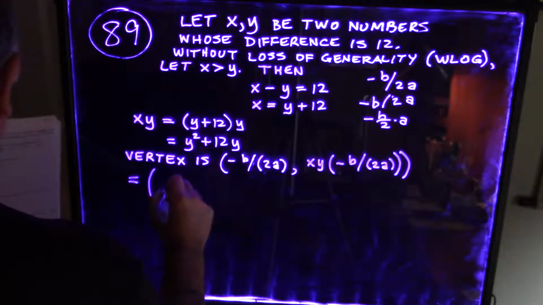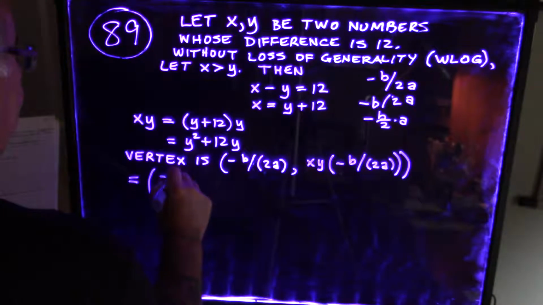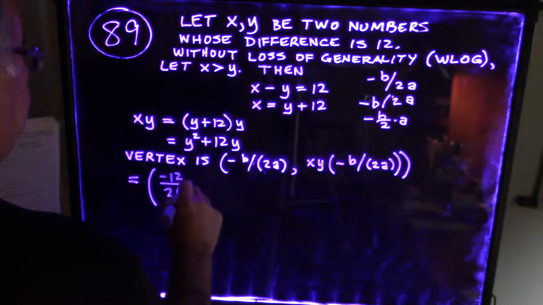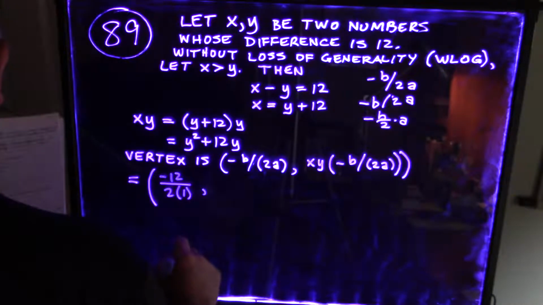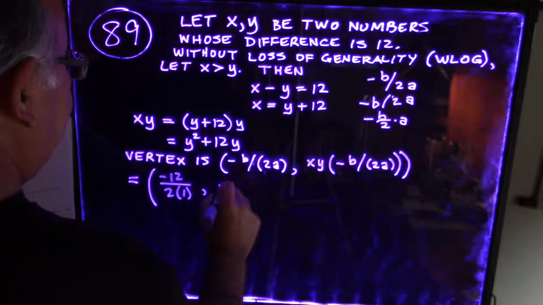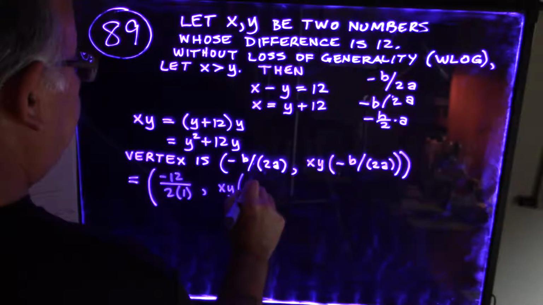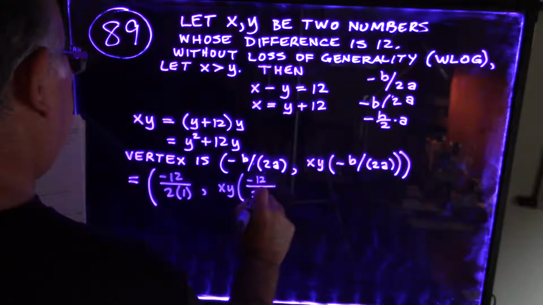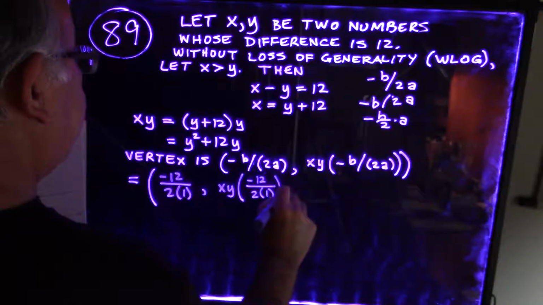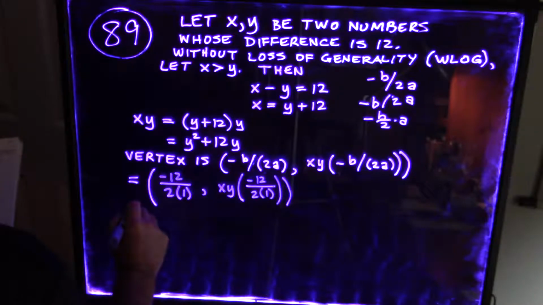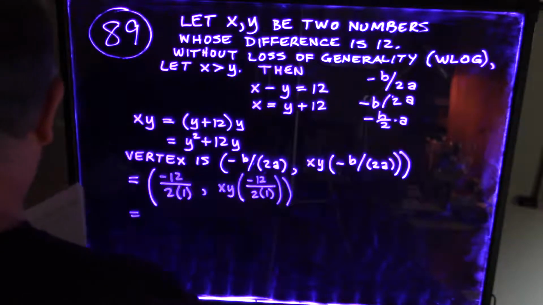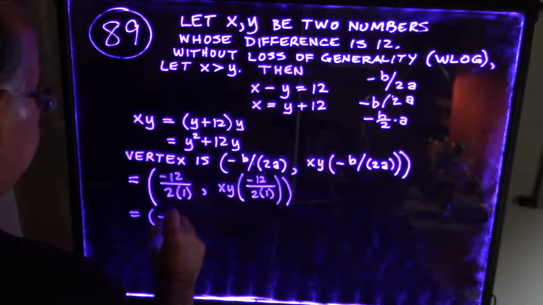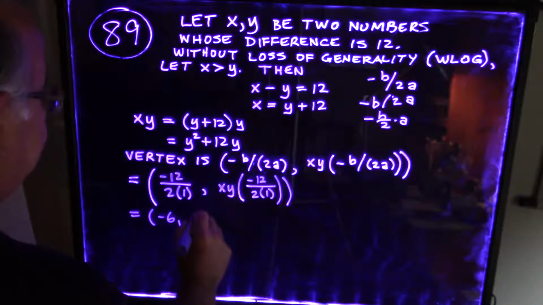So negative 12 over 2 times 1, and xy of that. So this happens to be negative 6, and xy of negative 6.